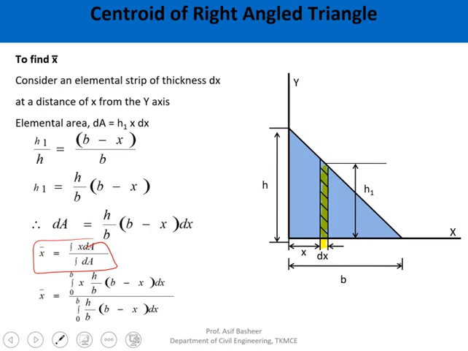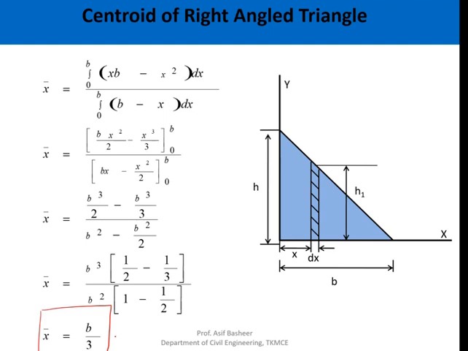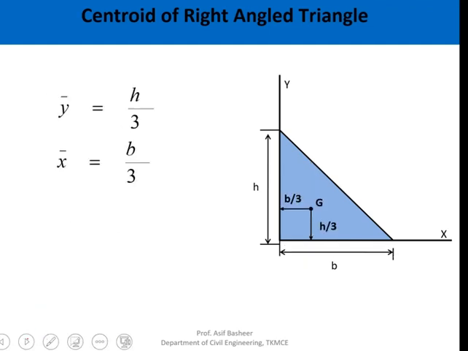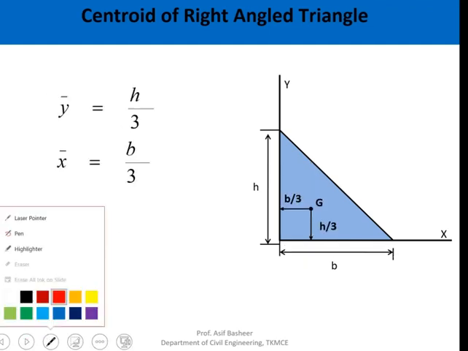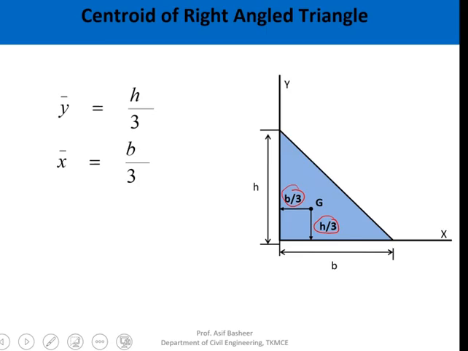So the limit of integration here will be 0 to b, and substituting this and finding, you'll get x bar as b by 3. Which means you have your centroidal distances as y bar equal to h by 3 and x bar equal to b by 3.